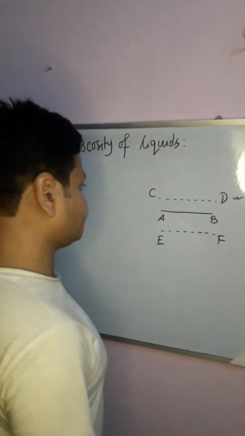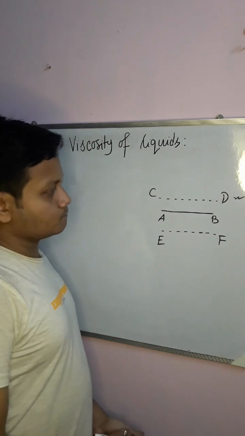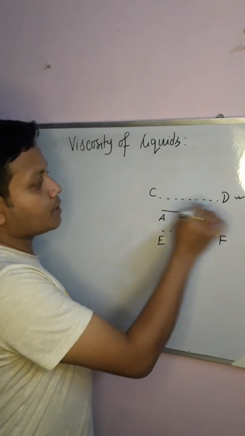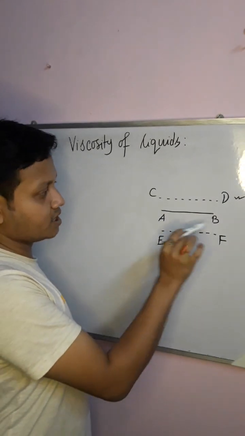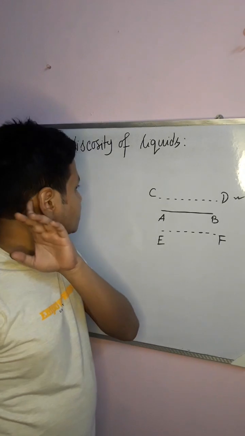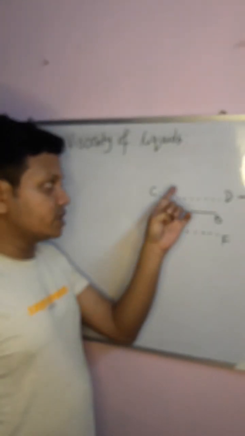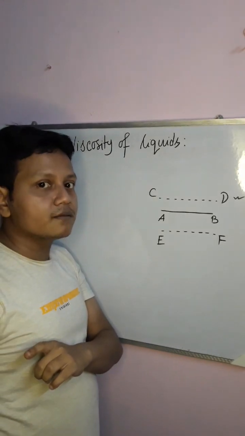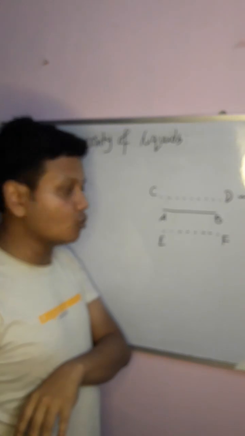So the upper layer moves faster than AB and the lower layer moves slower than AB. Consequently, the lower layer will tend to decrease the velocity of the upper layer and the upper layer will tend to increase the velocity of the lower layer.